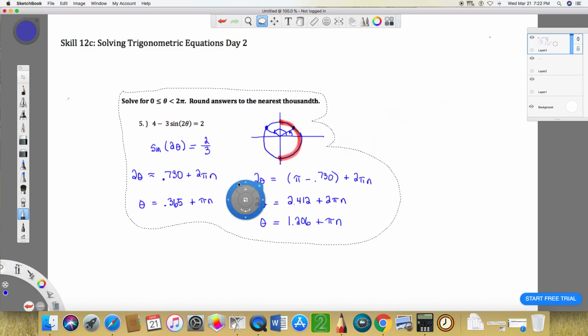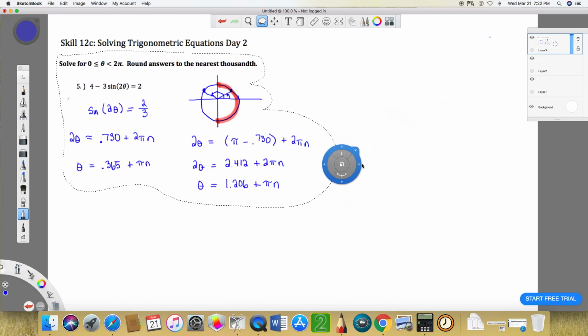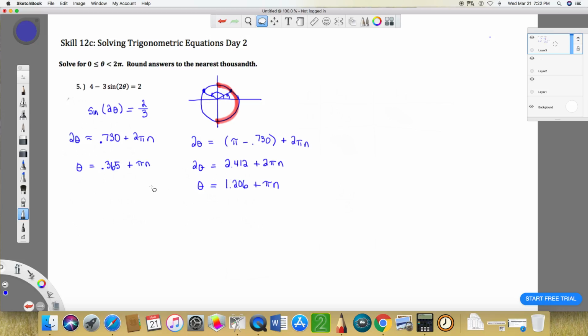We don't want infinitely many, we just simply want the ones that are between 0 and 2 pi. As a decimal, 2 pi is approximately 6.28. All right, so let's come over here and construct a table for these various values of n.